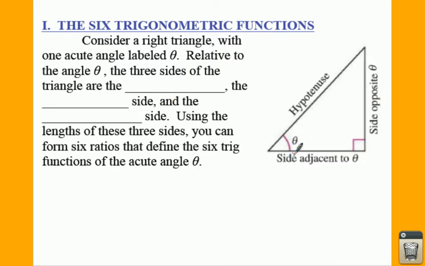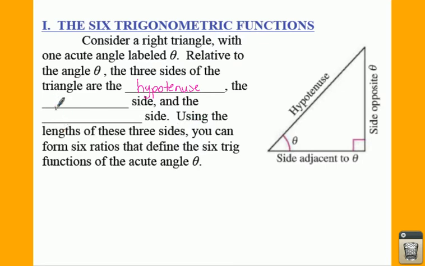You have your angle here, which is called theta, and relative to the angle, your 3 sides of the triangle are your hypotenuse. That is the side that is across from your right angle. That is the longest side of any right triangle.